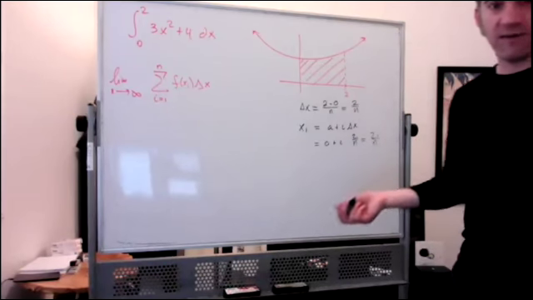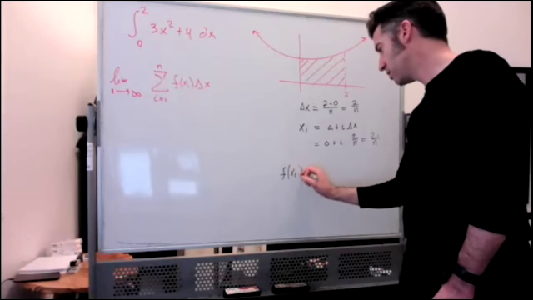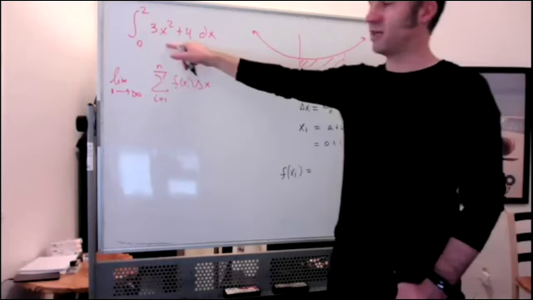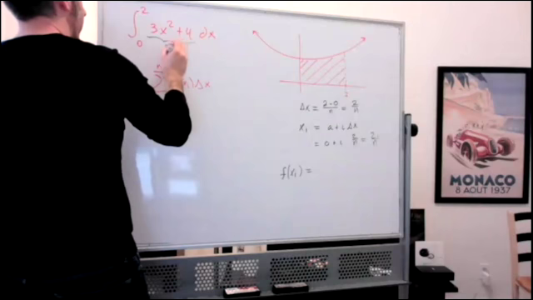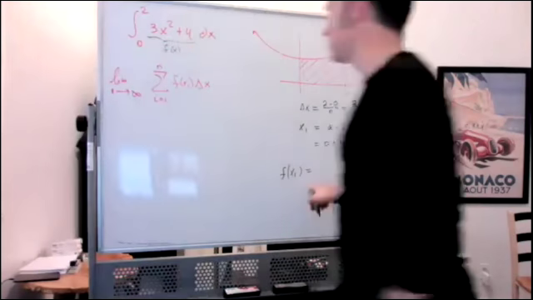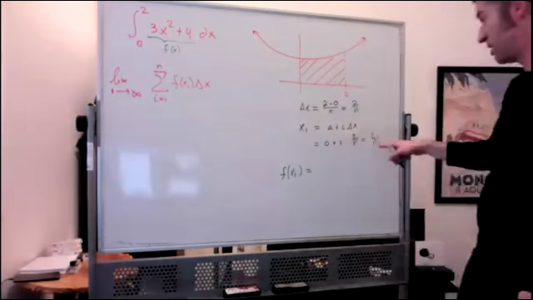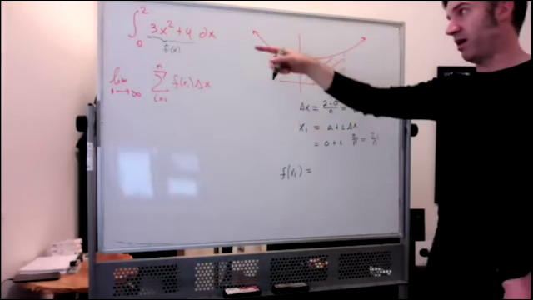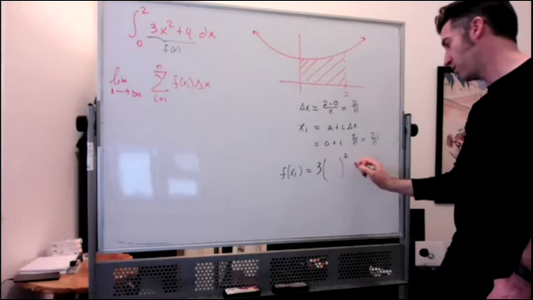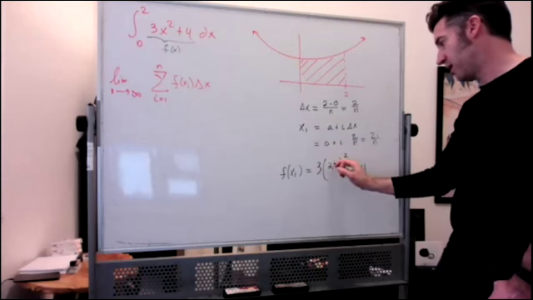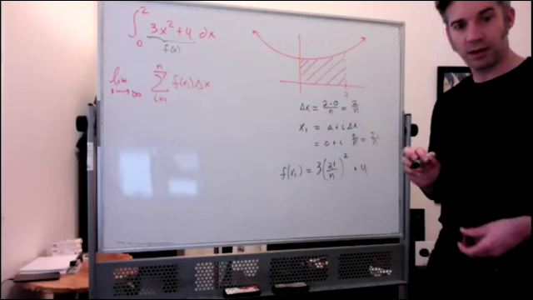And then f of x sub i. I know that f of x is 3x squared plus 4. So f of x sub i is the same function, except wherever I see x, I'm going to put x sub i instead. And x sub i is 2i over n. So my f of x sub i is going to be 3 times, not x squared plus 4, but x sub i, which is 2i over n, squared, plus 4.